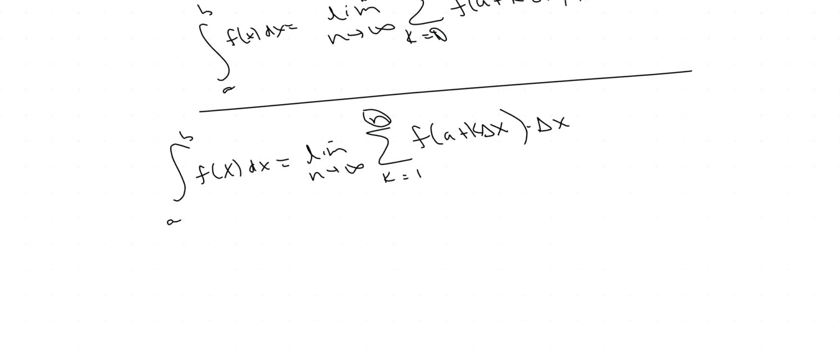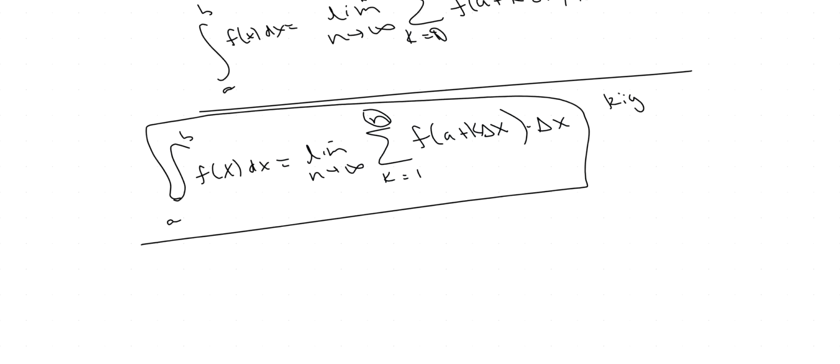And that would be my right Riemann sum, and also the definite integral. So we can see that the definite integral gives us the area under the curve, because that's what we've been doing this whole time. And we can see these formulas are used.